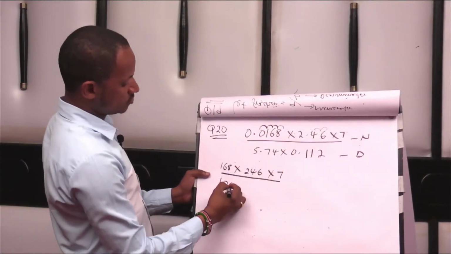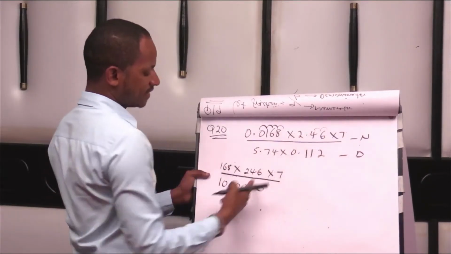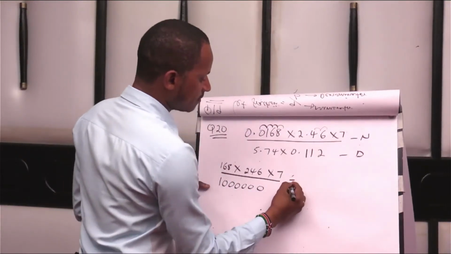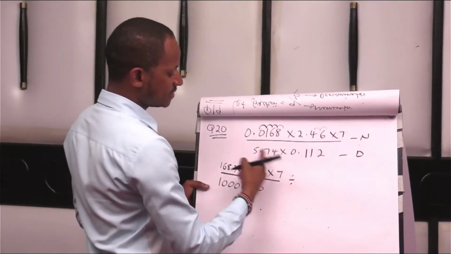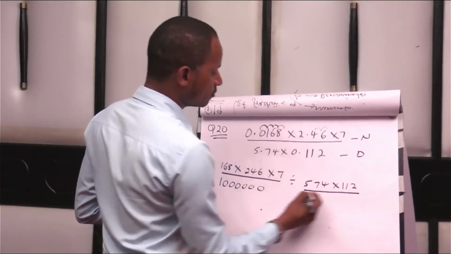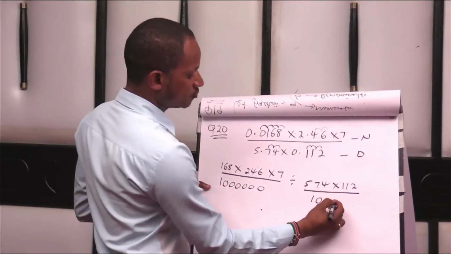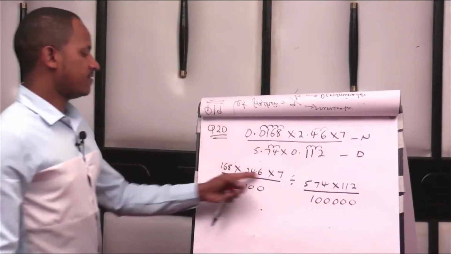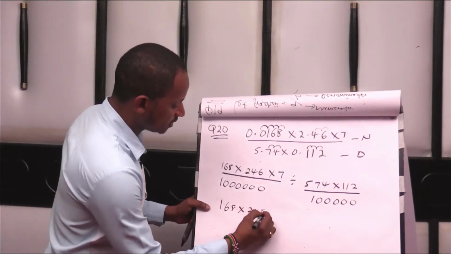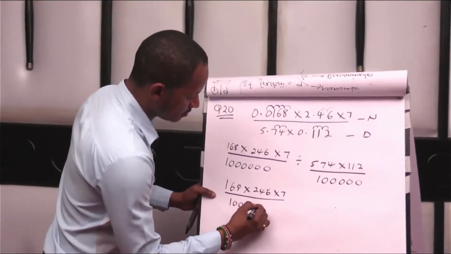So divide by 1,000,000. Then the denominator, 574 times 112, divide by 1, 2, 3, 4, 5, so 100,000.